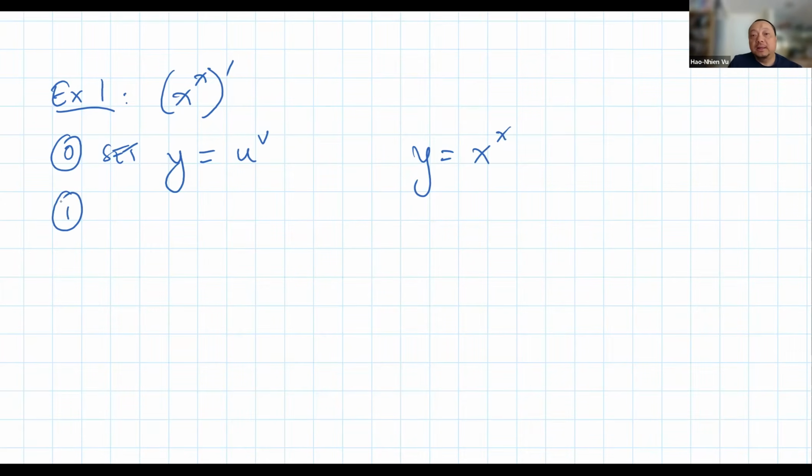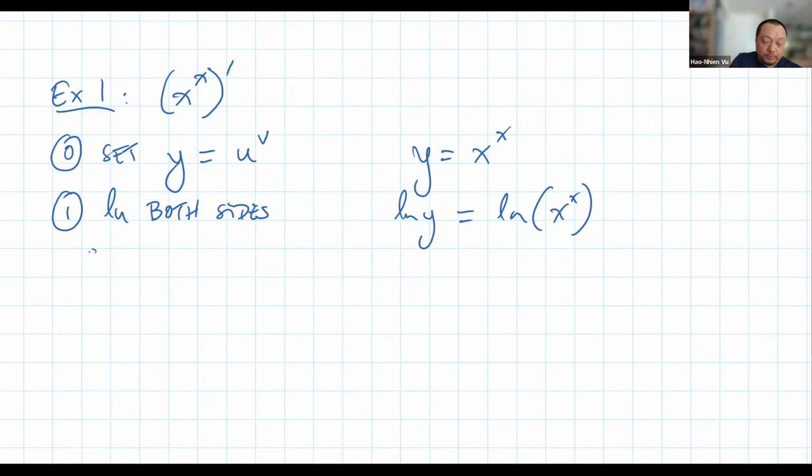Step 1, take ln both sides, and simplify the ln of the exponential. I mean, this x goes in front, x times ln x.